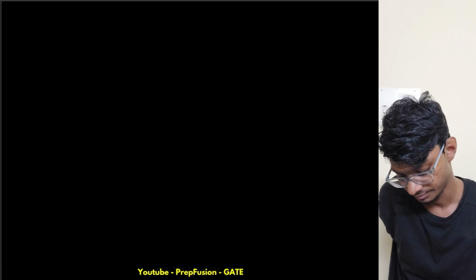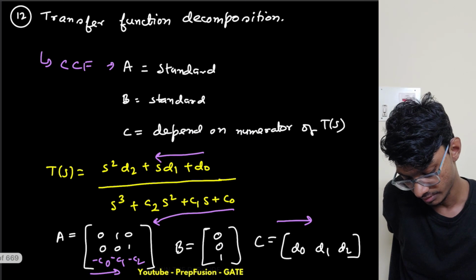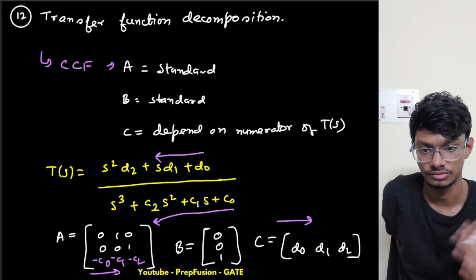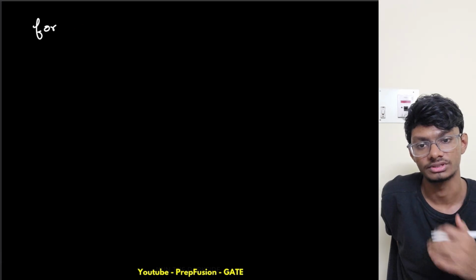So what was the thing for OCF? For OCF, one thing we have to keep in mind is that in CCF the representation will always come as controllable, and here in OCF the representation will always come as observable.